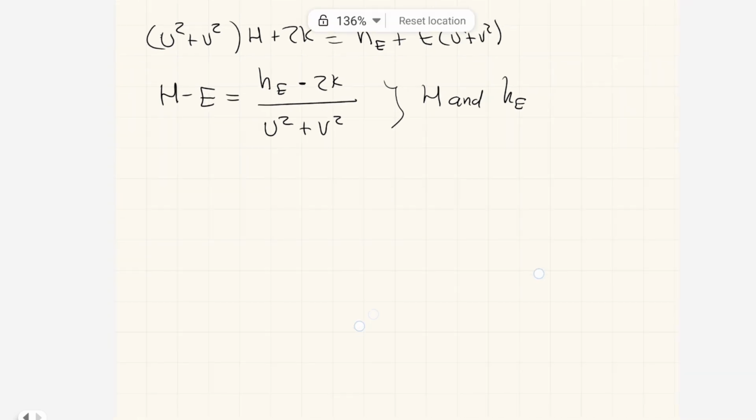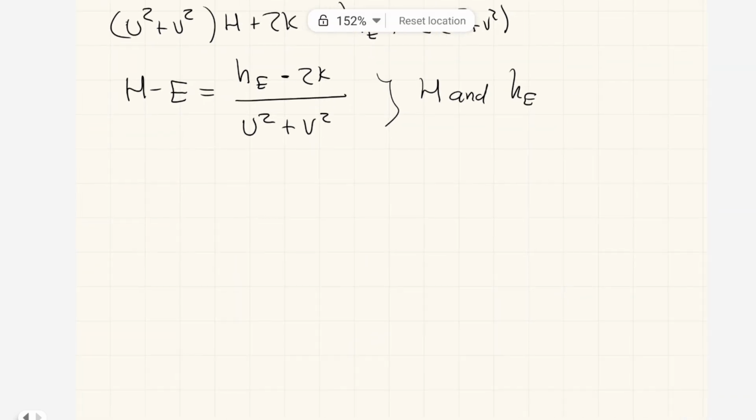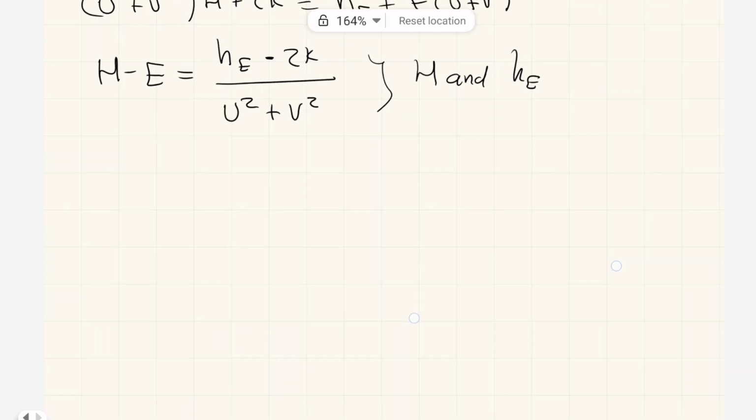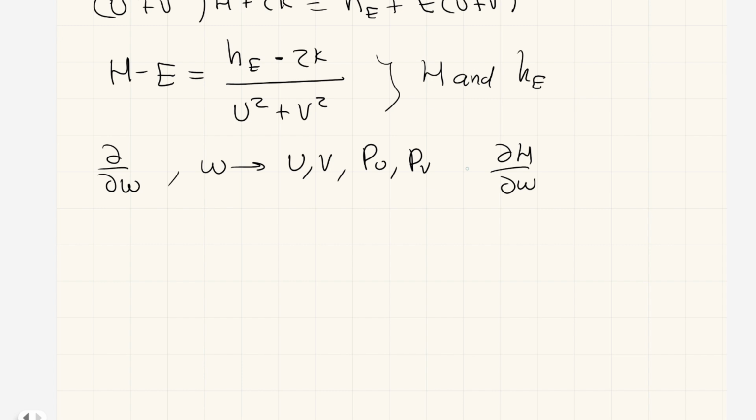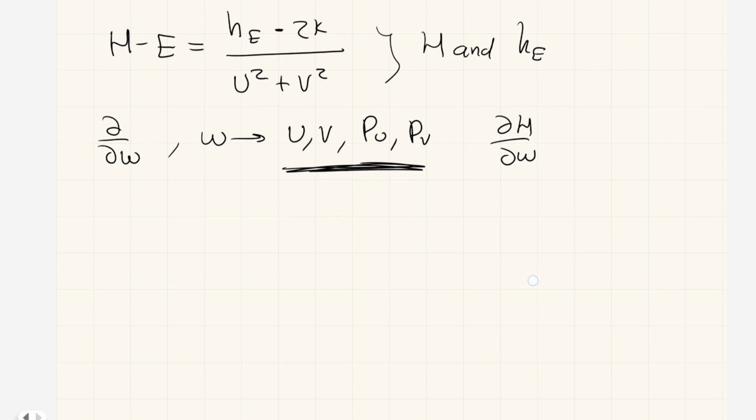To be able to find the Hamilton equations corresponding to this he, first of all, we are going to take a partial derivative with respect to w, where w corresponds to any of the new coordinates, which can be u, b, pu, and pv. If I write the partial of h with respect to w, I'm generalizing that I'm taking the derivative with respect to any of these variables.